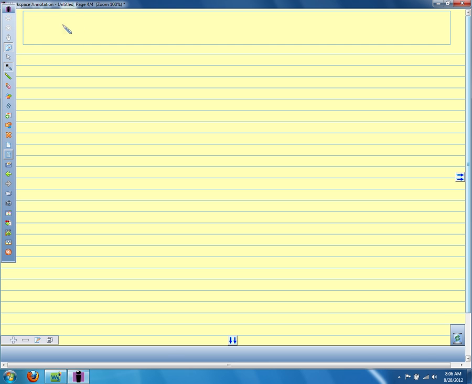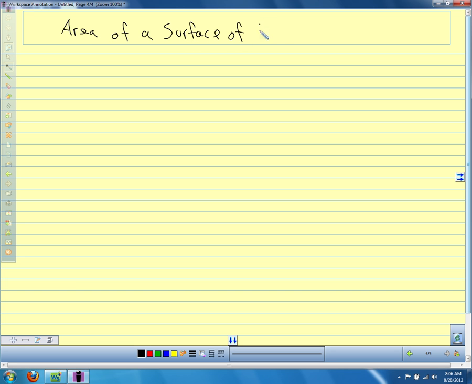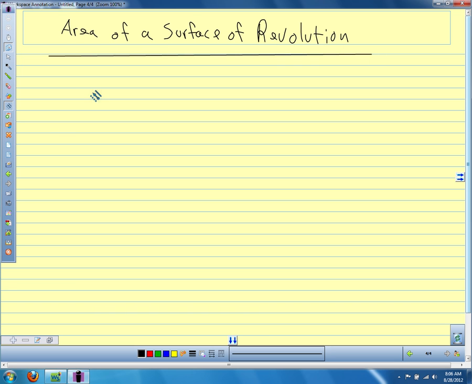So the results. The handout that I gave you goes through the derivation. So the area of a surface of revolution: we're taking a curve and revolving it about some axis, and we're finding the surface area of the thing that we formed.